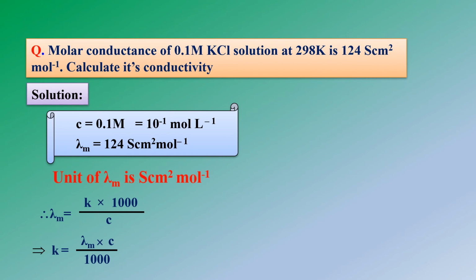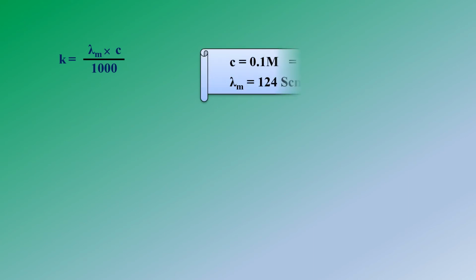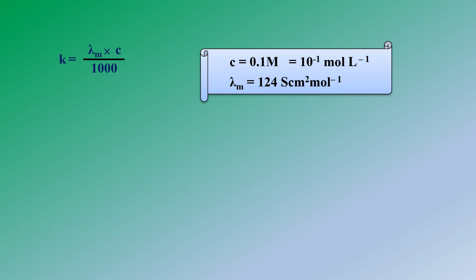K is equal to lambda m into C divided by 1000. So here C is 10 to the power minus 1 moles per liter. Lambda m is 124 Siemens centimeter square per mole. So put the values. K is equal to 124 into 10 to the power minus 1 divided by 1000.